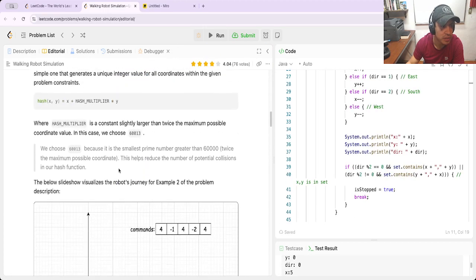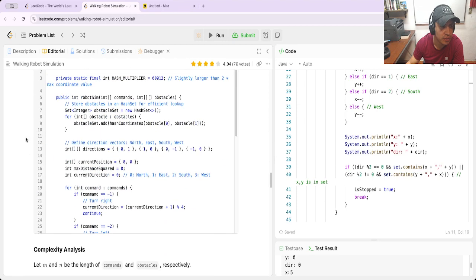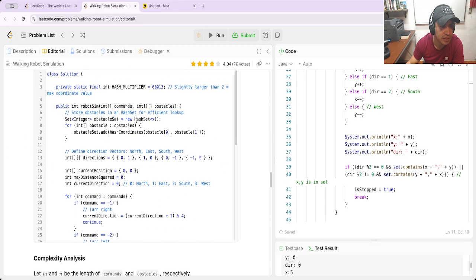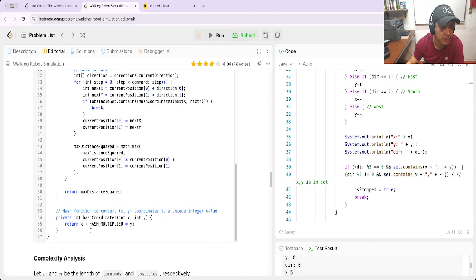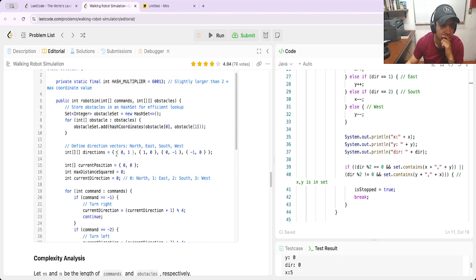Simulation. Okay, the code. This is the code. Hash set has coordinates. Oh well, it's basically the mapping, the direction. Oh, I was right at the beginning using this kind of directions.